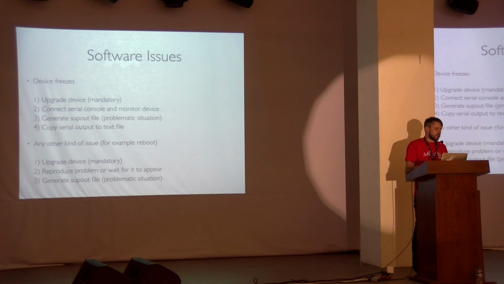If you have serial access, copy the serial output that you have during the problem and send the file to us. If you have other kinds of issues, for example, improper reboot or any other, as well, make sure you have the latest version on your device. Repeat the problem. If you can provide us with the steps for how to repeat the problem, it is great. It will save us a lot of time repeating your problem as well. And provide us with a support output file.